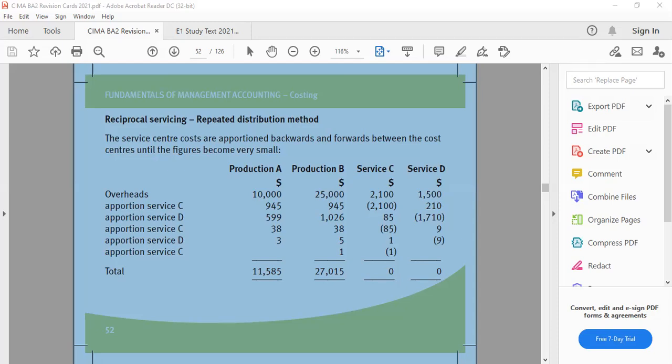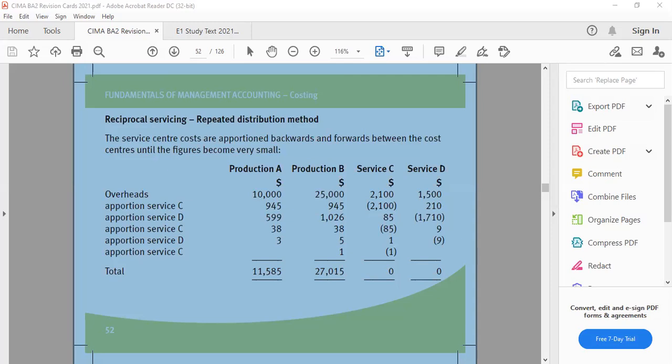So this is a method called the repeated distribution method. Repeatedly we keep on doing this because one department is providing service to other service departments. So when the costs are charged to other departments, again and again they keep receiving amounts from other service departments.